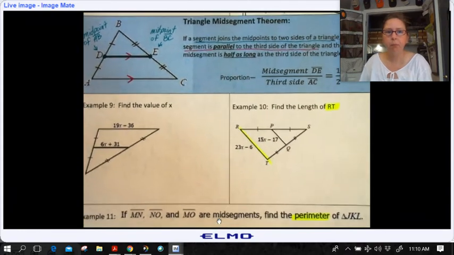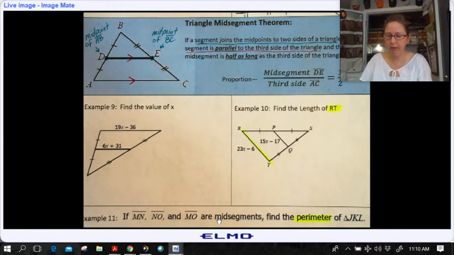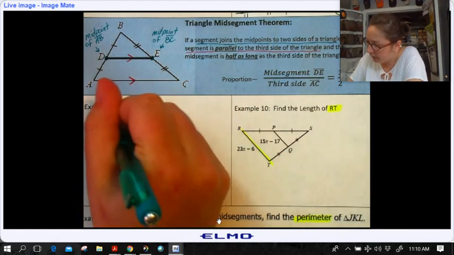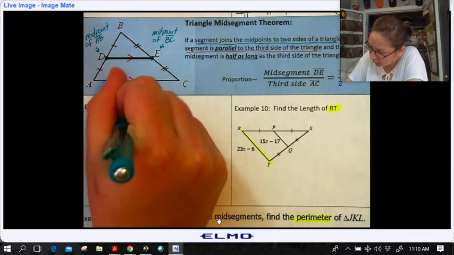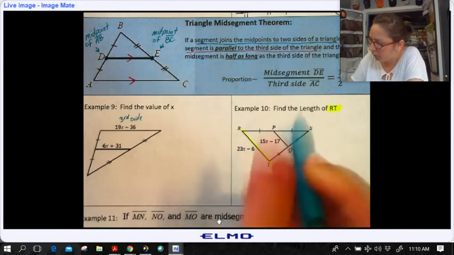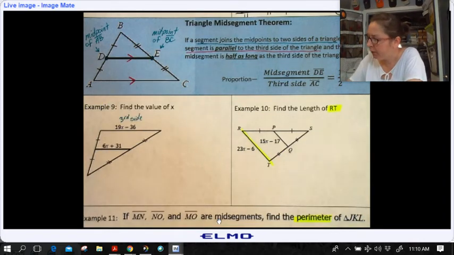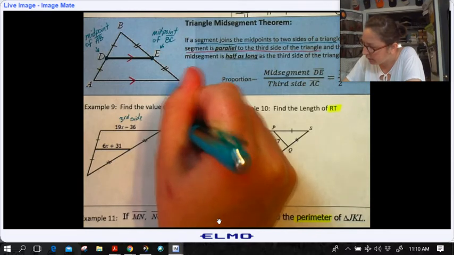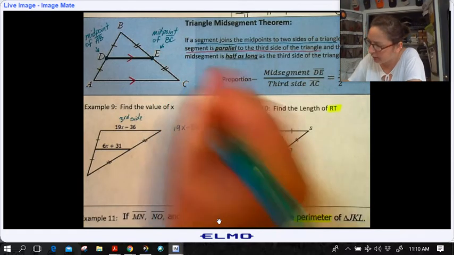Okay, so example 9, we need to find the value of x. So I'm going to go ahead and set up my ratio here. Let's see. This is the third side of my triangle. Okay. The third side of my triangle is 19x minus 36.